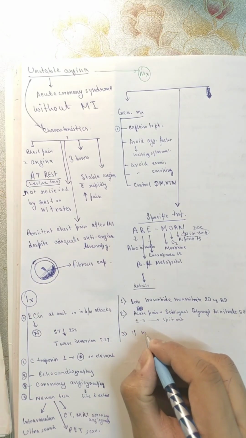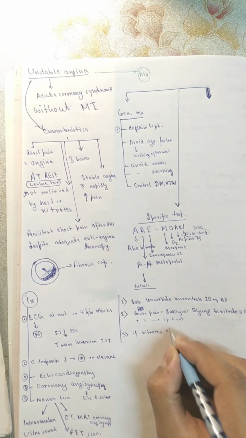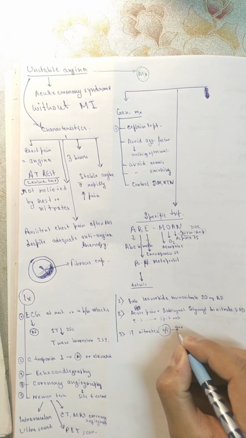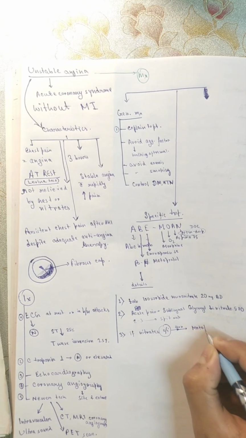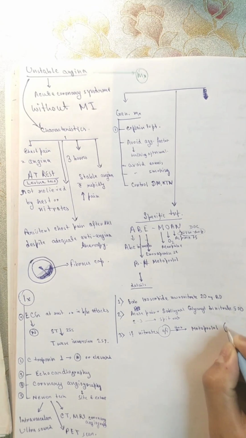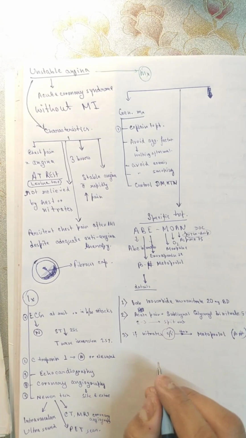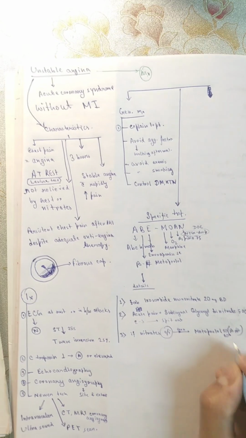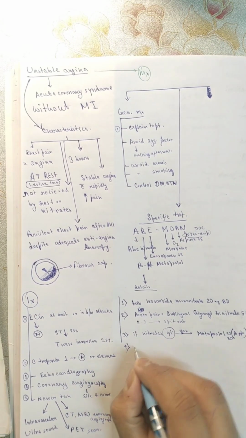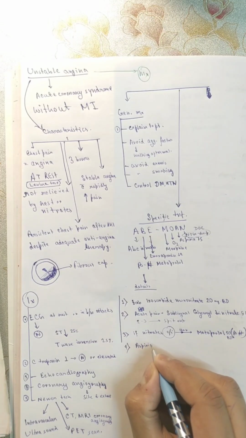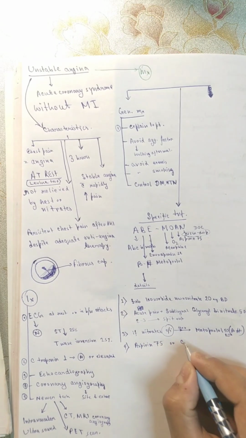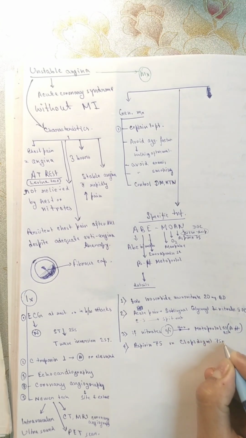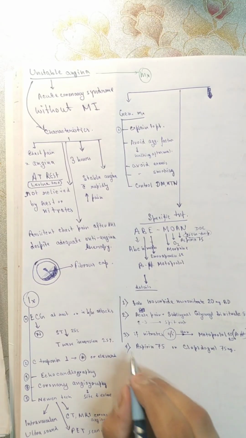If nitrates are contraindicated, in that case use metoprolol, that is a beta blocker, metoprolol 50 BD. Antiplatelet aspirin 75 or clopidogrel 75 for prevention of thrombus formation.